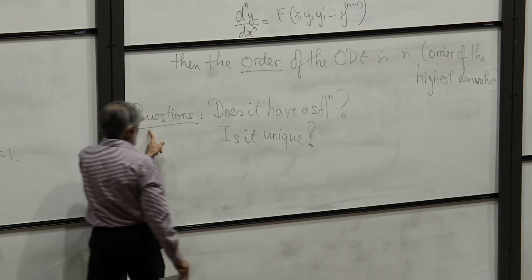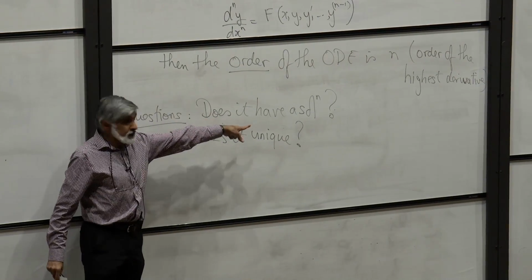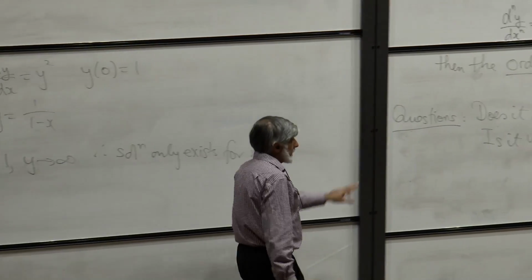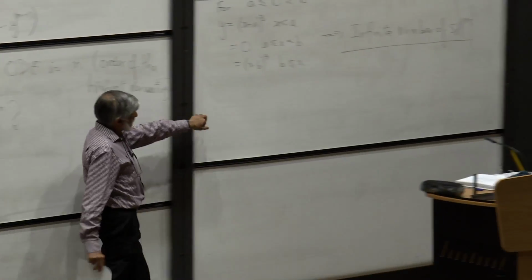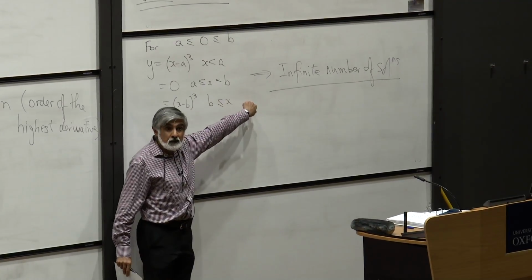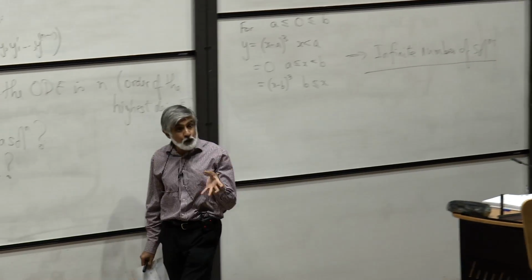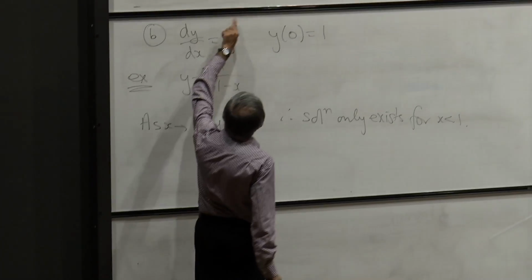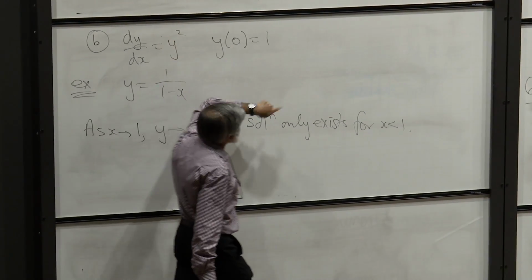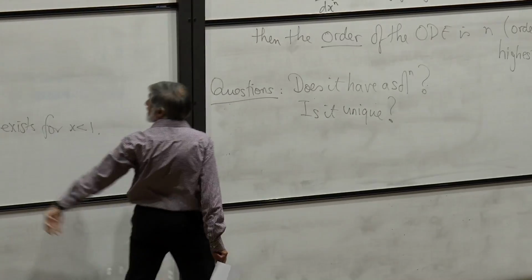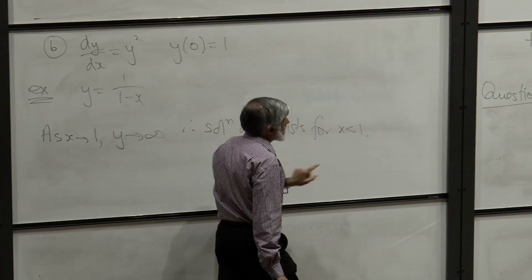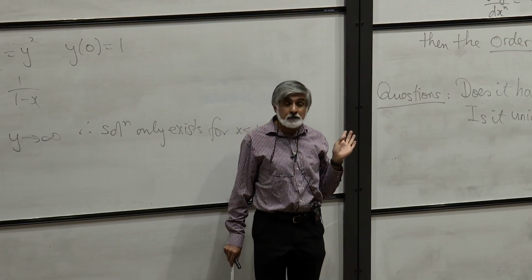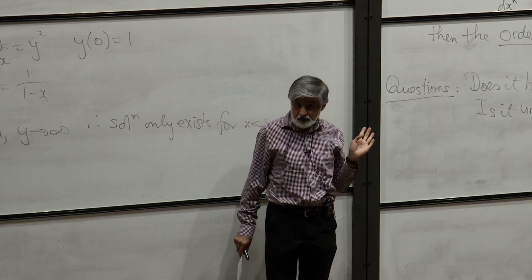So going back to our question, does it have a solution? Answer no for this one. Is it unique? Answer no for this one. And you can see, crucially, it depends on these functions here, the f and the initial value have been chosen to make sure that these don't behave properly.